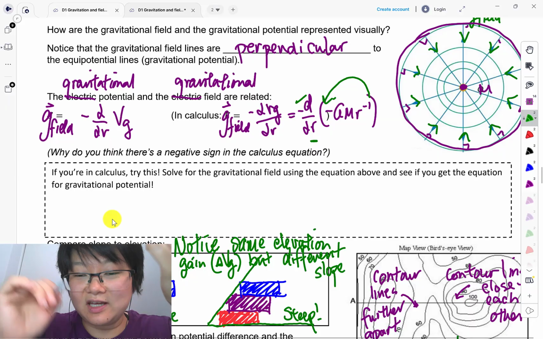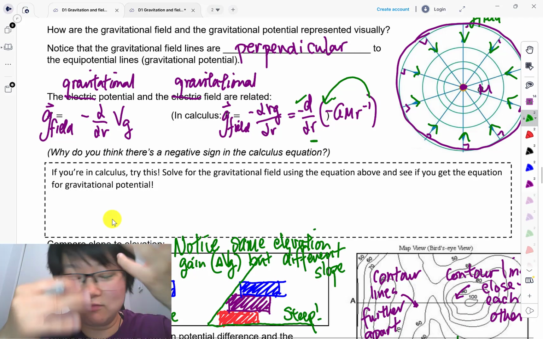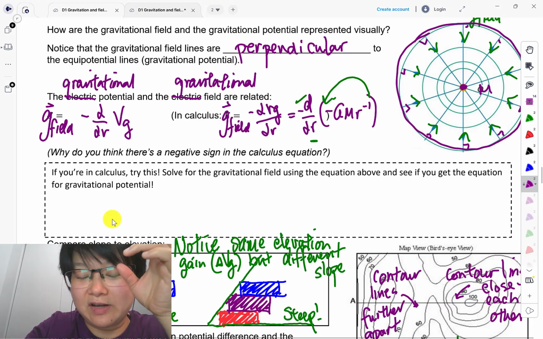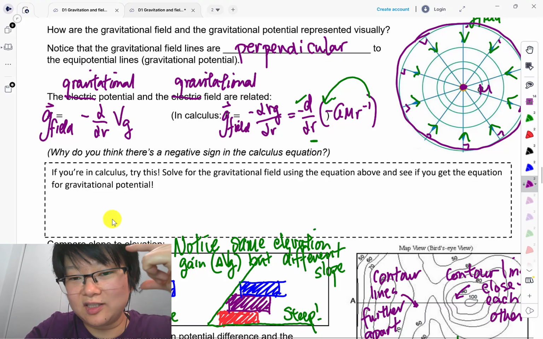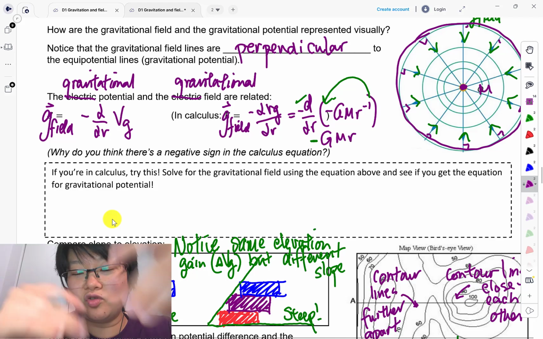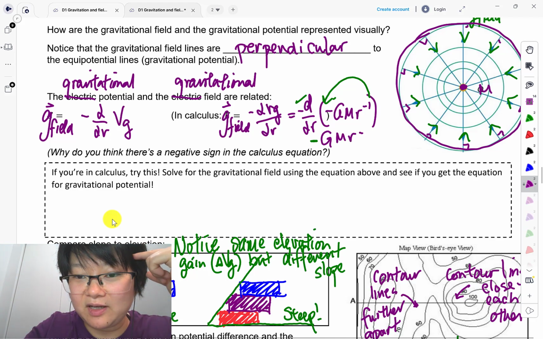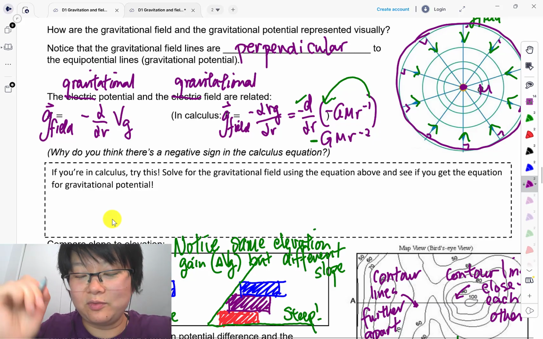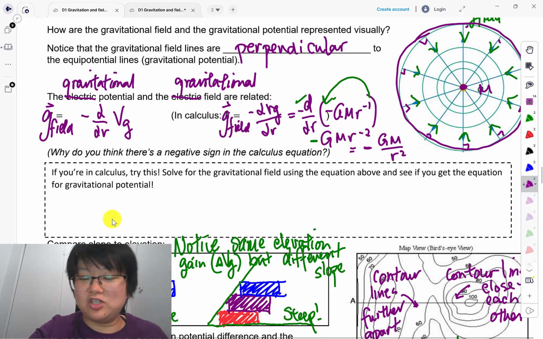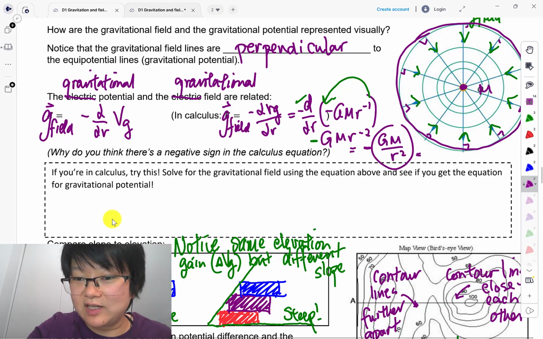And because it's -1, there's just 1 times whatever, which doesn't change anything. But then if you take the derivative of an r to the -1 exponent, the exponent also drops one more level, becoming -2. And lo and behold, it is gravitational field strength, because you get, don't forget the negative, big G big M over r squared. And big G big M over r squared is your gravitational field.